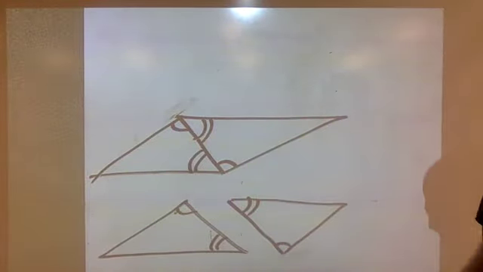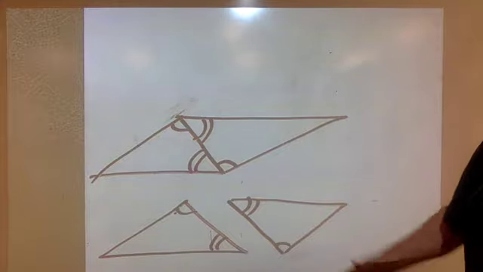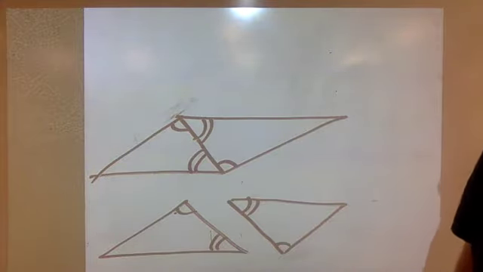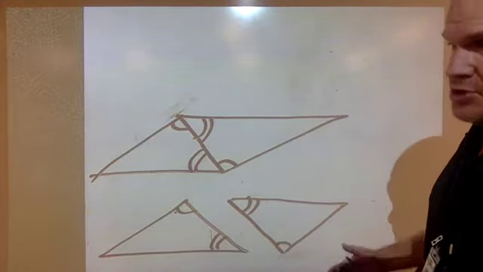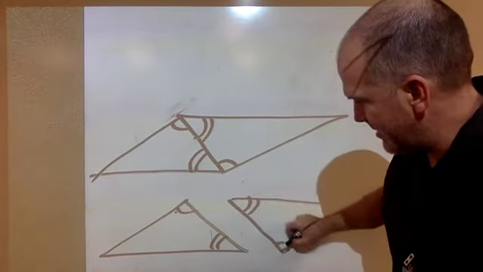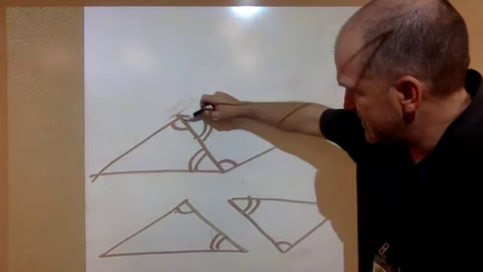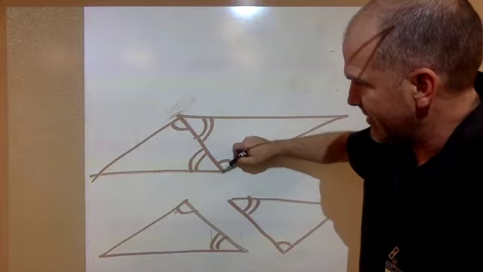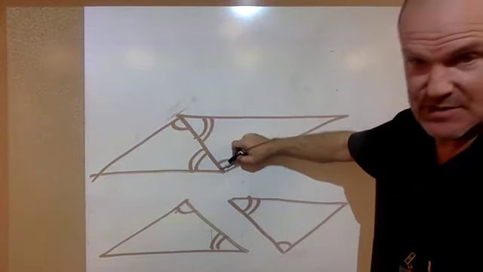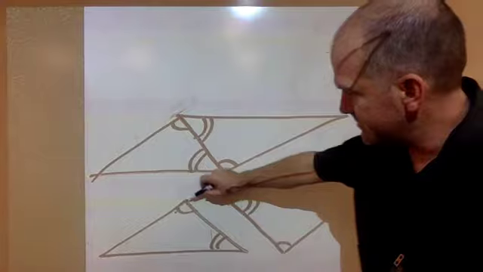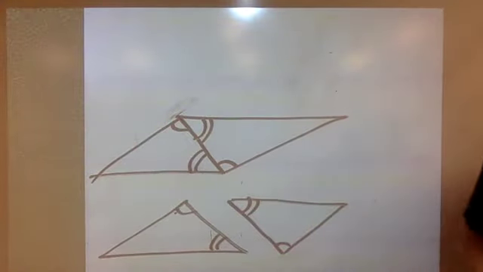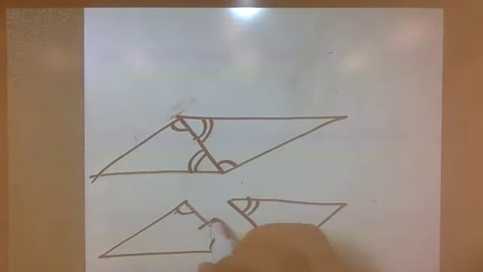So can we say that any of these sides are the same? Yes, it's the same strategy as that last example, which is we shared a side. This side right here is the same side. It's the diagonal of our parallelogram. This side is being used in both triangles. It's right here and it's right there. So anything's equal to itself. So these sides must be equal to each other.